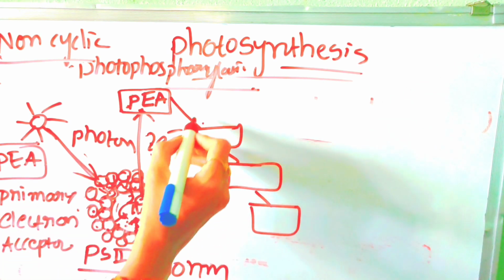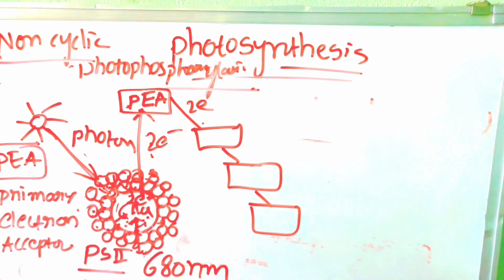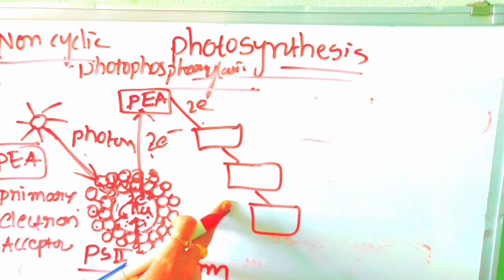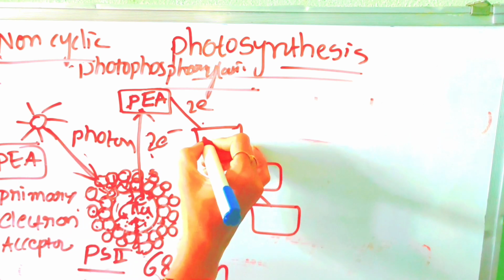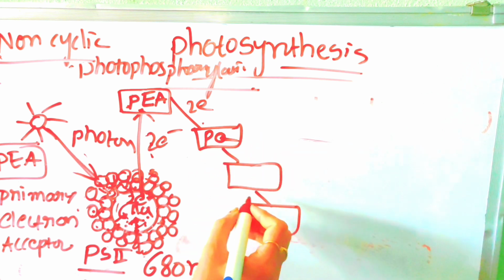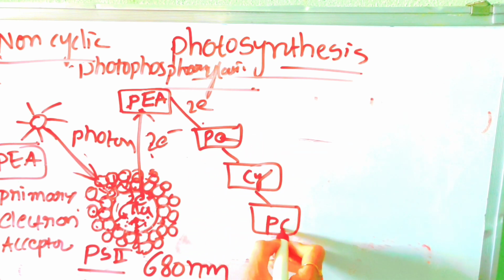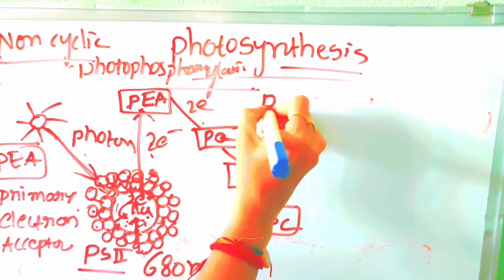The pair of electrons gradually comes down through the electron gradient. This gradient contains three important electron carriers. The first carrier is plastoquinone, the second carrier is cytochrome, and the third one is plastocyanin.